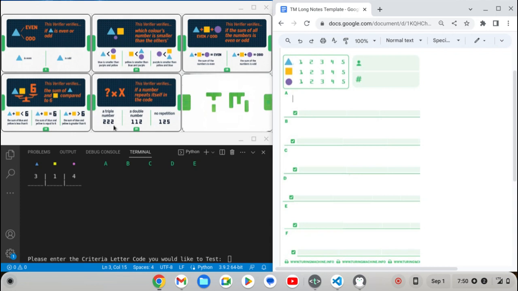And remember, the objective of today's puzzle is to find that unique 3-digit code that abides by all of the 5 criteria cards. And we're going to start off with an initial proposal of 314.